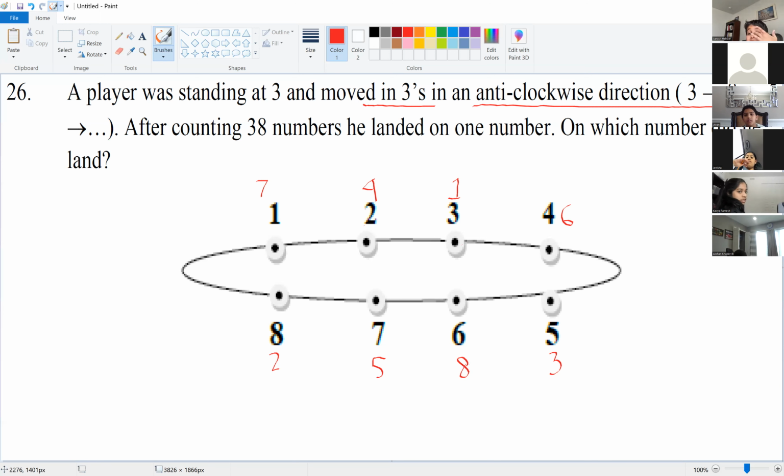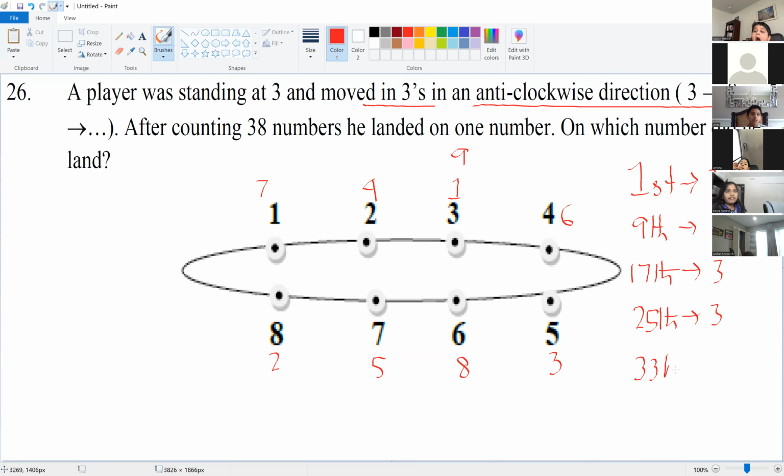Even when you do that, none of the numbers have their own number. So that means first, I forgot to include the first. First is 3. 9th is 3. Then plus 8, which is 17th, would be 3. Then plus 8, which is 25th, would be 3. And then plus 8, which is 33rd, would be 3.